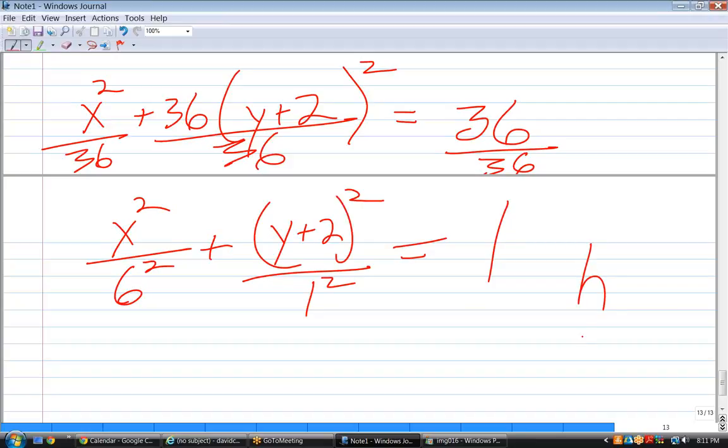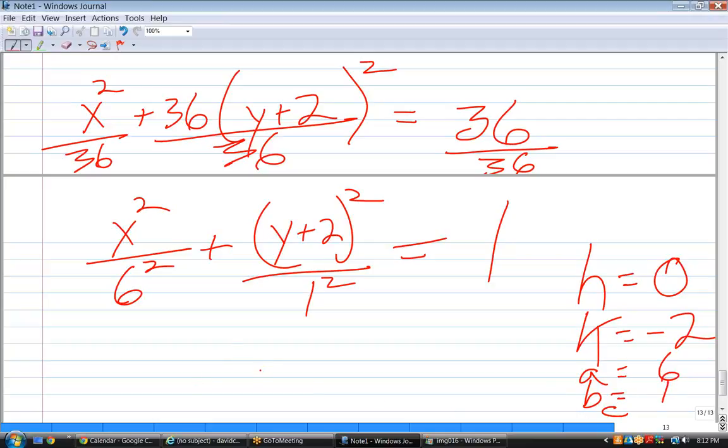What's h, what's k, and what's a, and what's b, and what's c? Because they ask, in this case, about the focus. First of all, what's h? 0. What's k? Minus 2. What's a? 6. What's b? 1. What is c?